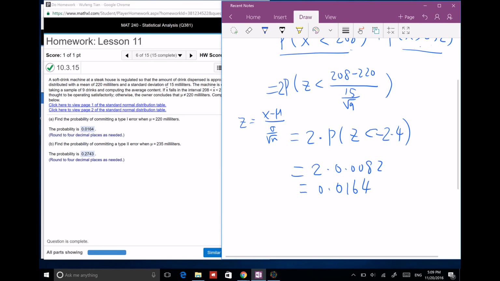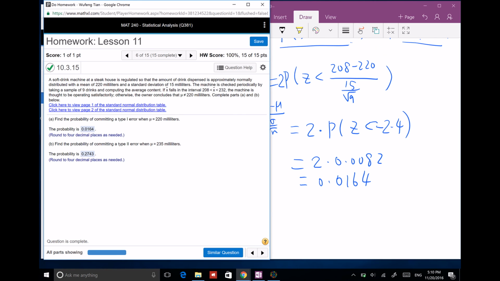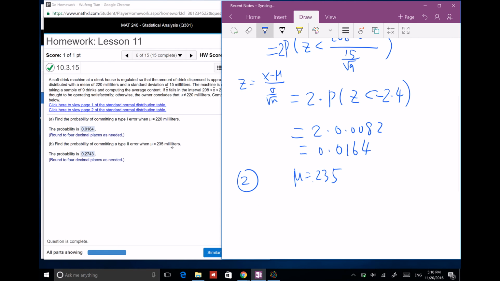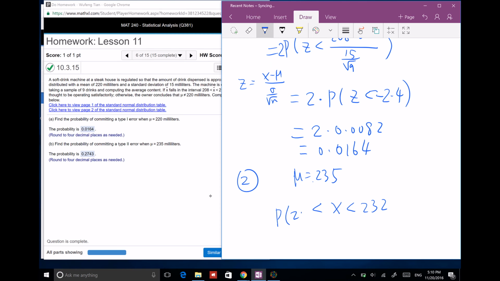Okay, the second one is not rejection, right? So not rejected. When mu equals 235, the second one is a little bit different. Not rejected is going to be the probability of x still less than 232 and bigger than 208.